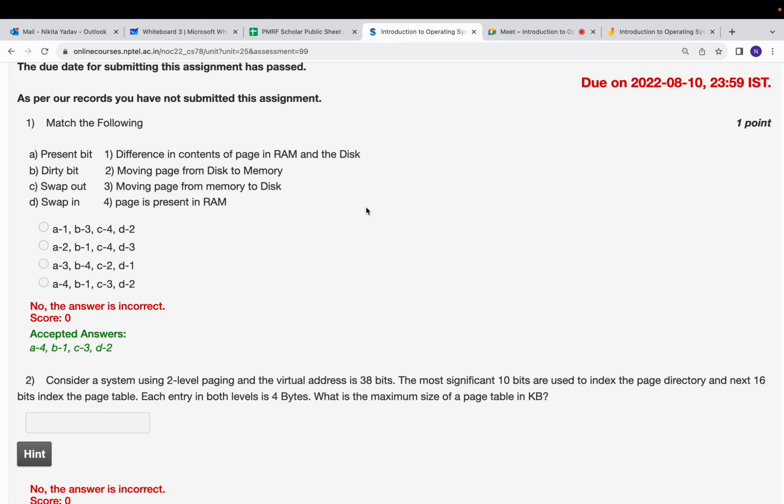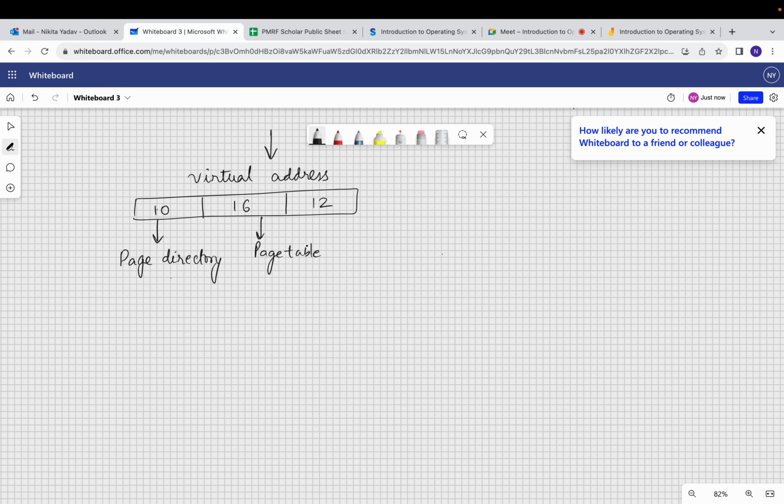So the most significant 10 bits are used to index the page directory, 16 bits index the page table, and each entry in both levels is 4 bytes. So your 10 bits are going to index into a page directory. This page directory has 0 to 2 to power 10 minus 1 entries, because there are 10 bits.